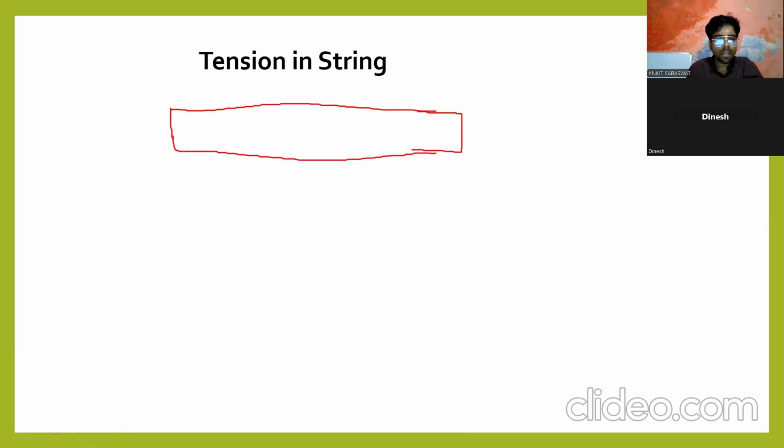And every material has different atoms and molecules, clear? And when you apply a force on this wire like this, clear? Then what will happen?